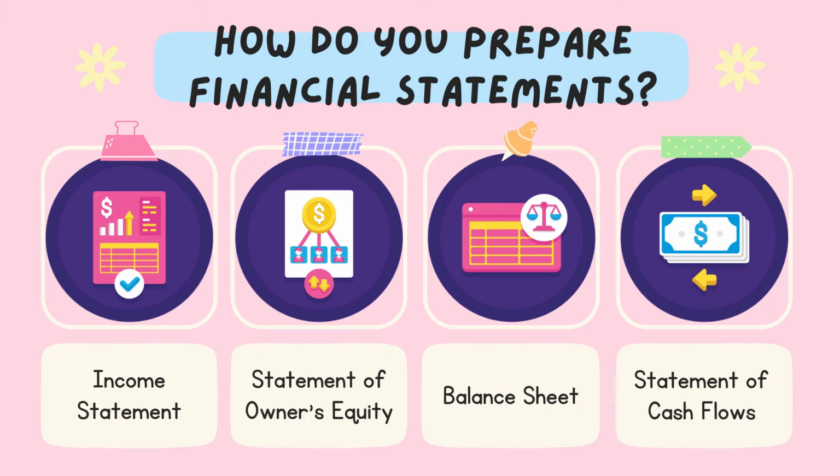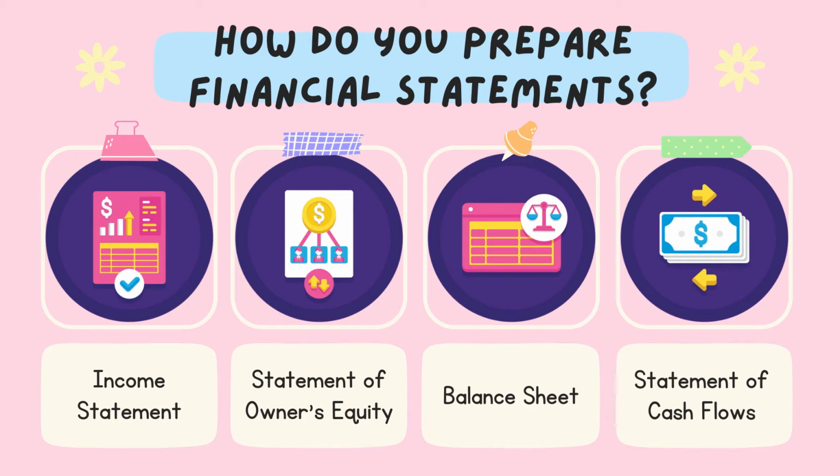Okay, so we're gonna start with the first one, which is the income statement. The income statement reports the net income or net loss of the business for a specific period. The income statement, also called the statement of earnings, presents a summary of a business entity's revenues and expenses for a period of time, such as a month, quarter, or a year.